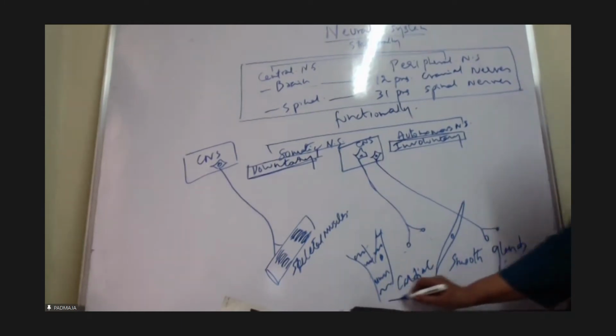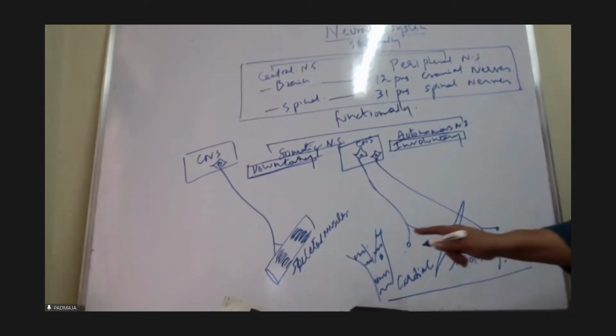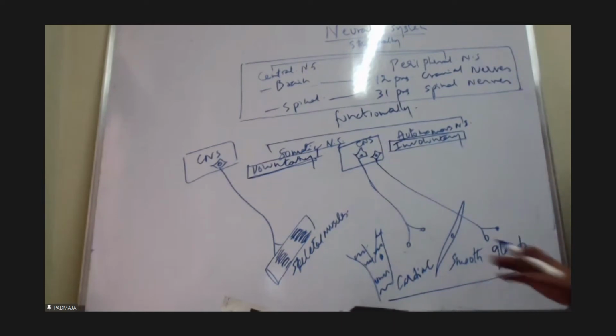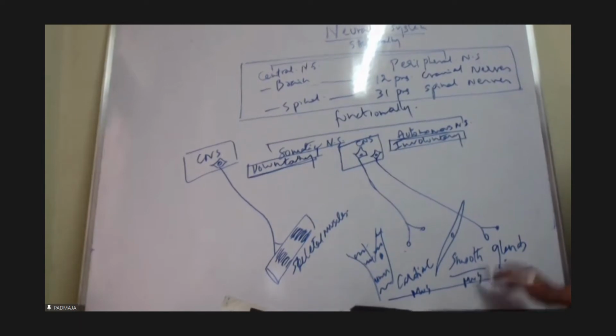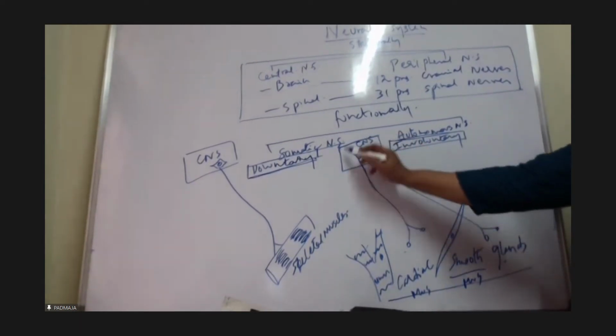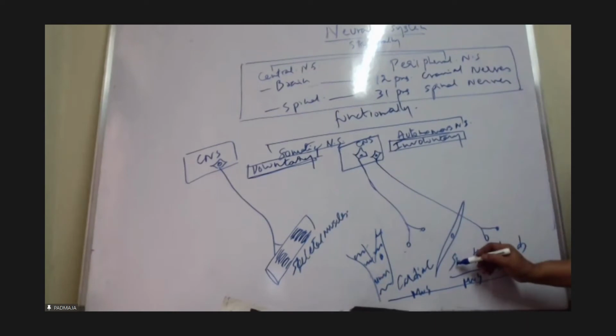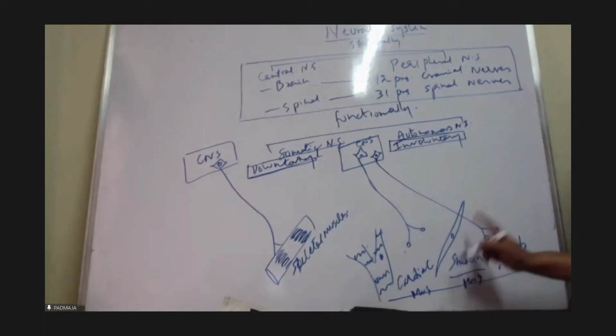So all these three things are not under your voluntary control: glands, smooth muscle fibers, and cardiac muscle fibers. So directly from the central nervous system, we receive the instruction and it is not under your conscious control, so it is kept under autonomous. All this is done in junior inter.